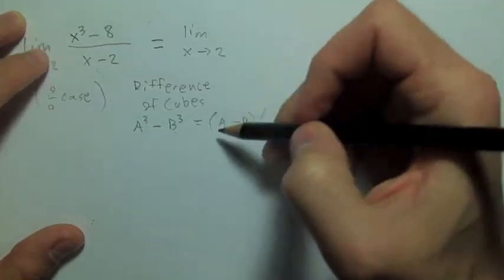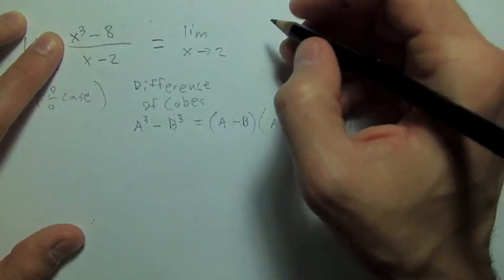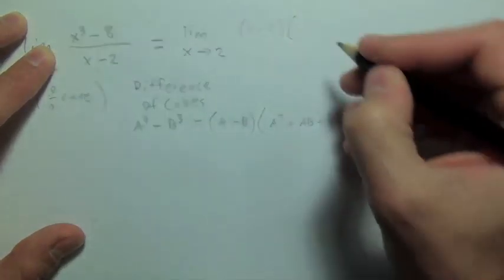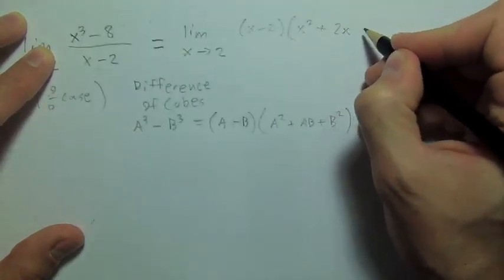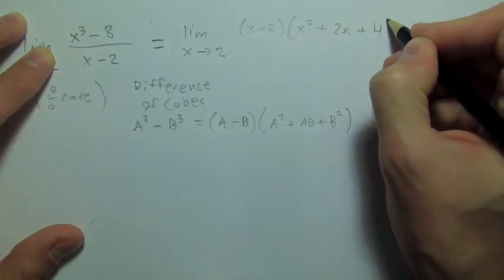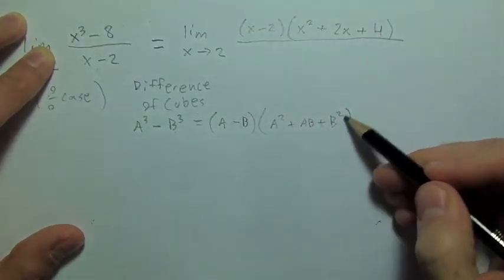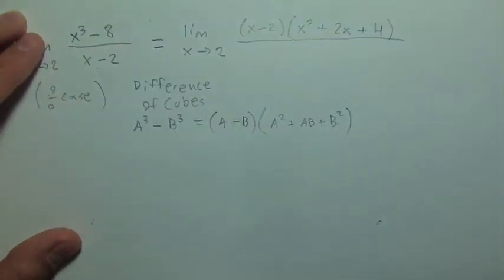Here a is x and b is 2. So this will factor into x minus 2 times x squared plus 2x plus 4, because b is 2, so b squared is 4.